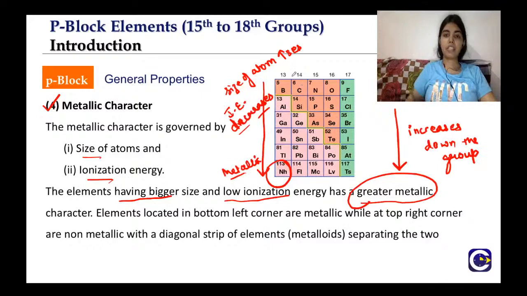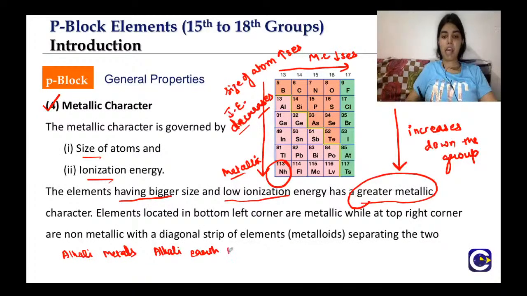While vice versa you can say that across the period metallic character decreases. So basically a period starts with what? Alkali metals and alkaline earth metals, right? And it ends up with what?